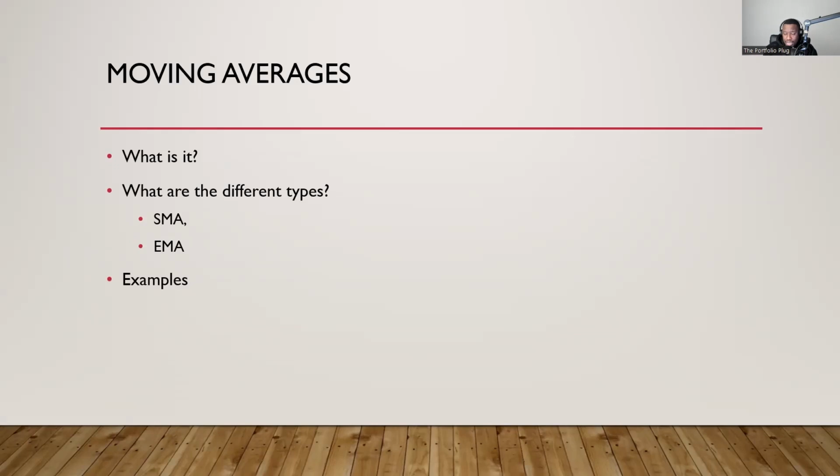For the SMA, I like to use the 50-day, the 100-day, and the 200-day moving average. For the EMA, I like to use the 8 and the 21-day moving average. You can use them differently depending on what time frame you're looking at.